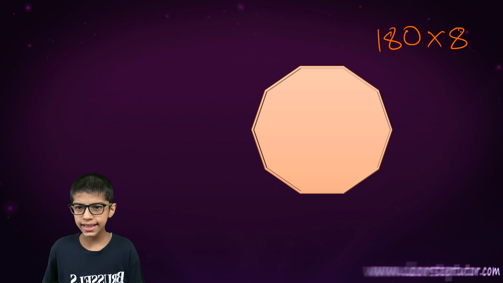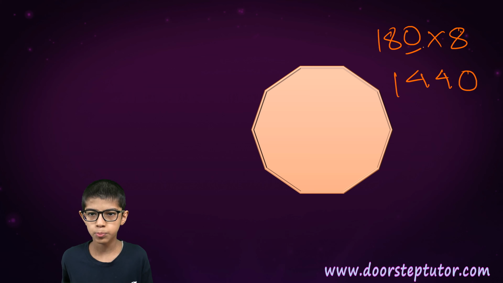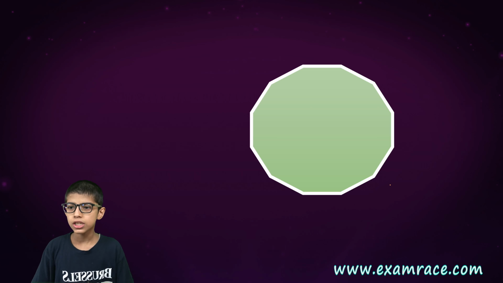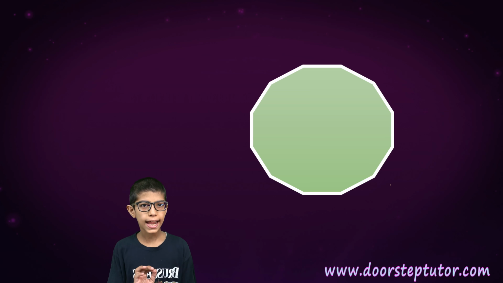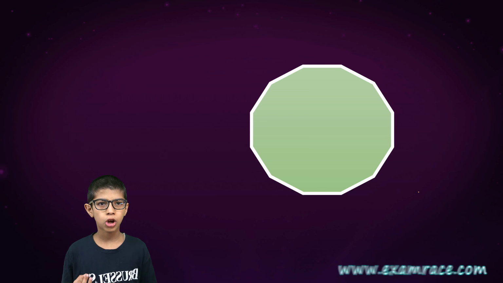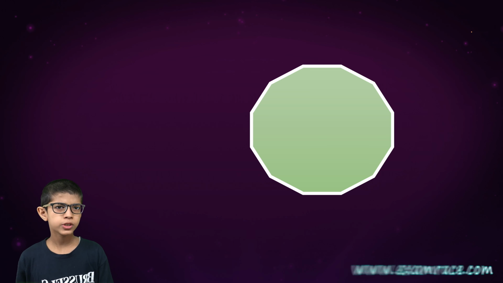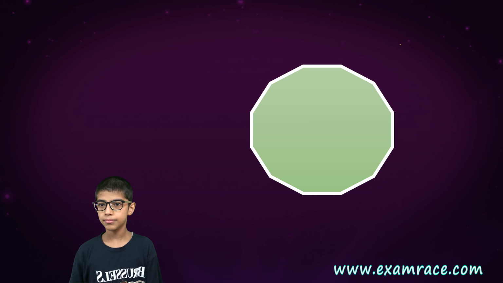Then, we can calculate it as 144 and we will put a 0. After that, we have a shape with 12 sides. This shape is called a dodecagon. Now, how would we calculate its angle sum?